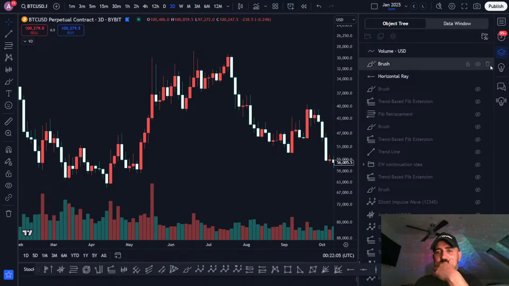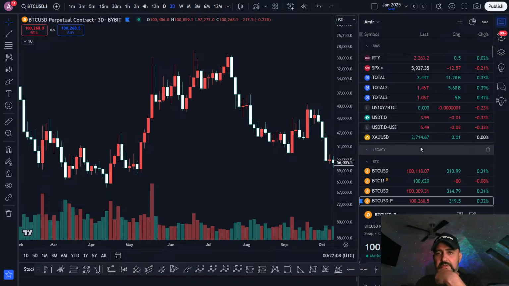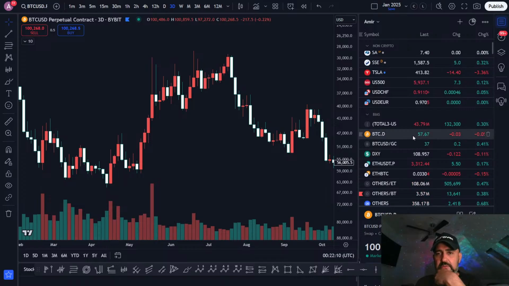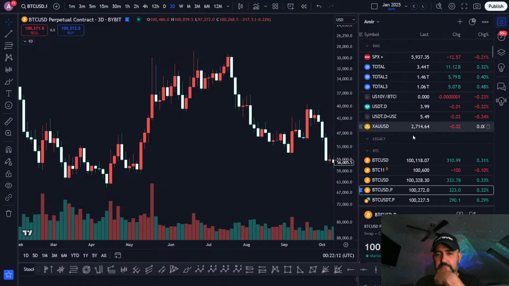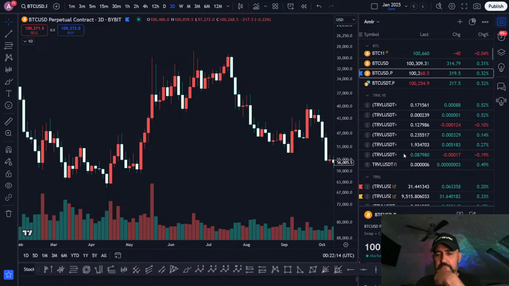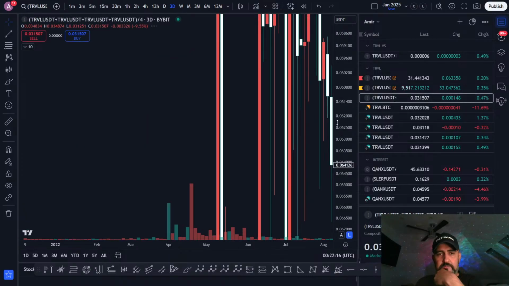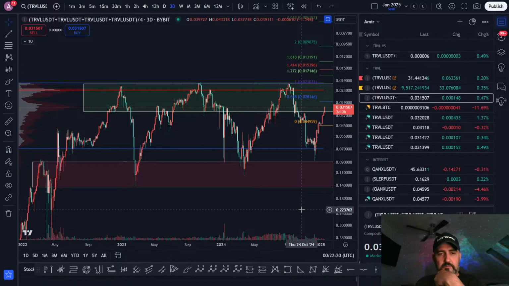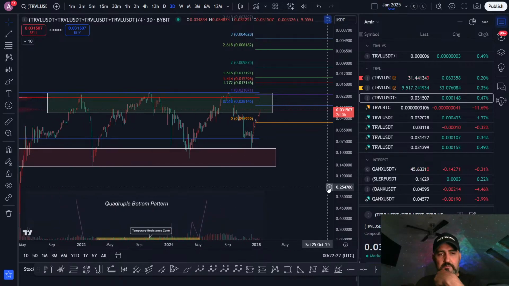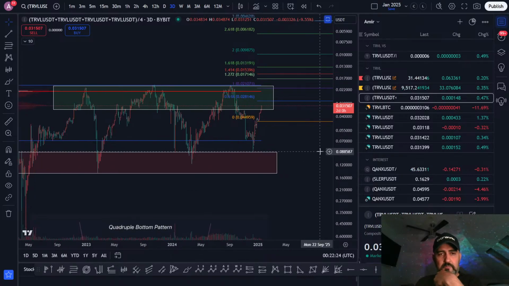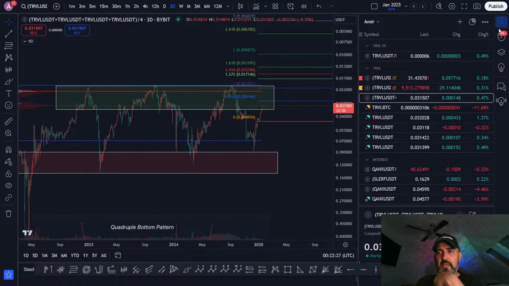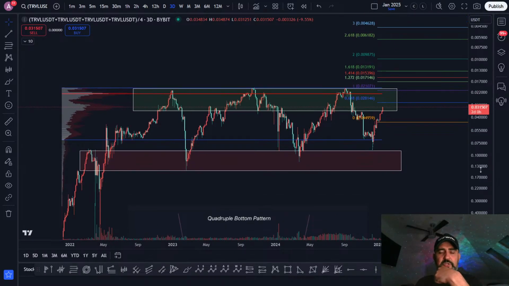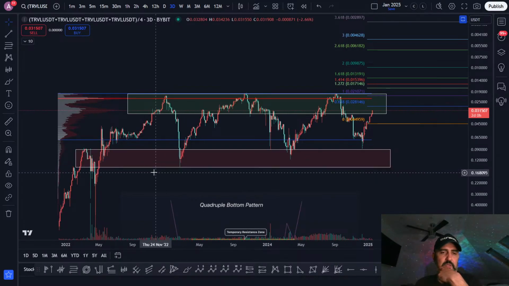Let me just take it to TRVL. And actually, this is the inverse, isn't it? So when you're looking at this inverse, look at it.